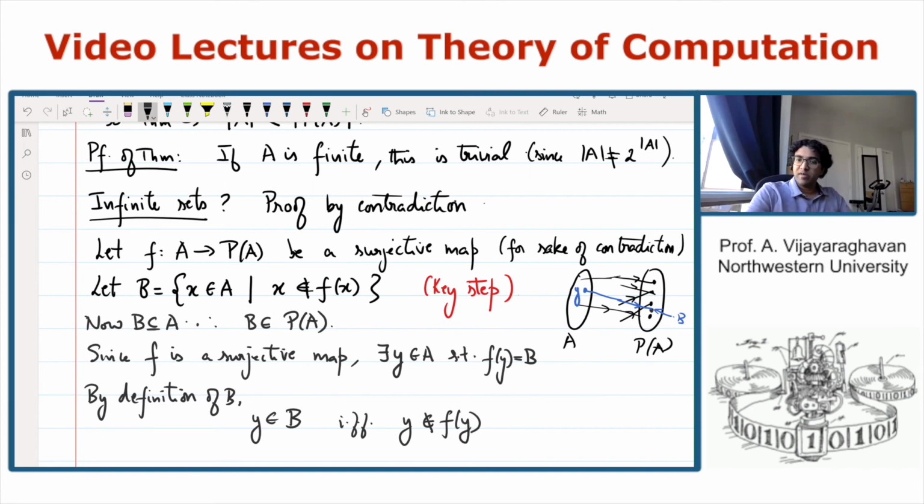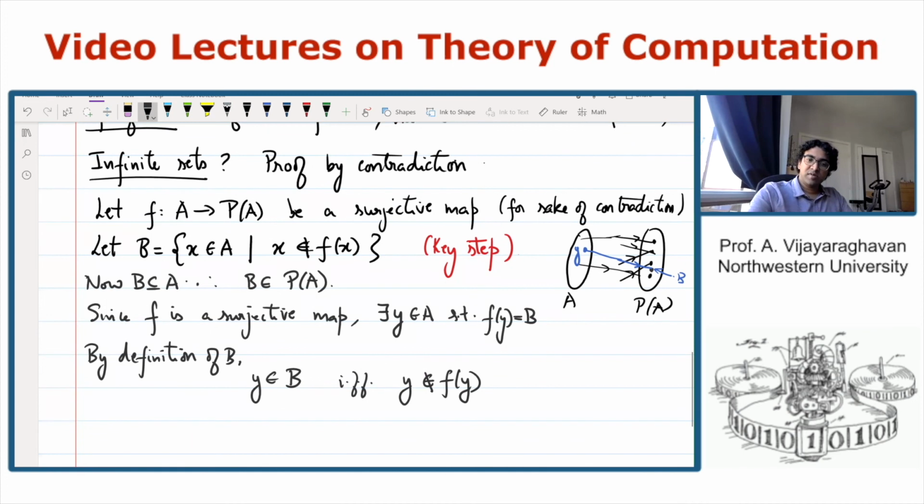This is just the definition of B. It contains all elements x such that x is not an element of f of x. So similarly for y: y is in B if and only if y is not in B. Now this is of course a contradiction.